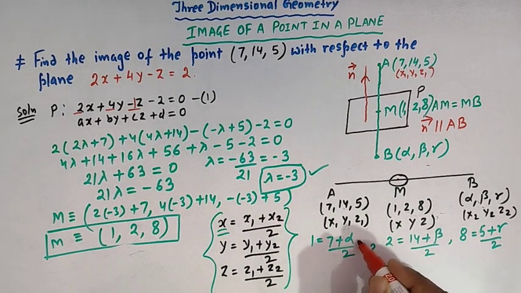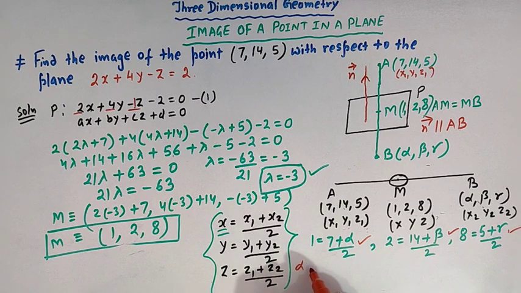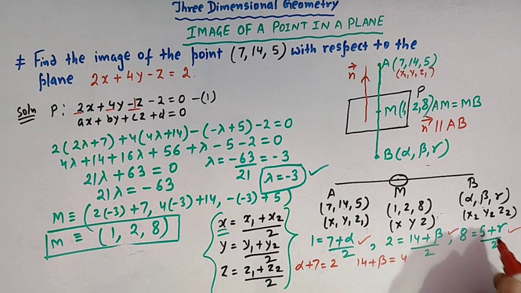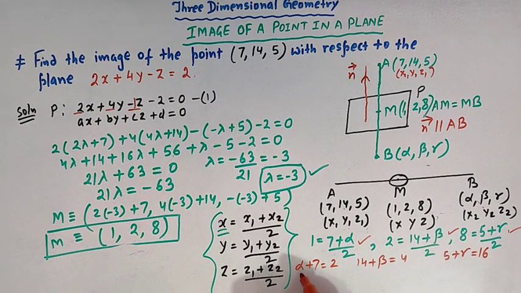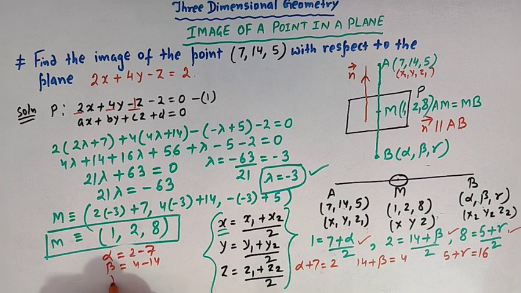So now we can solve these three equations here. So we can now write alpha plus 7 is equal to 2, and 14 plus beta is equal to 4, and 5 plus gamma is equal to 16, right? So from here alpha is 2 minus 7, beta is 4 minus 14, and gamma is 16 minus 5, right?